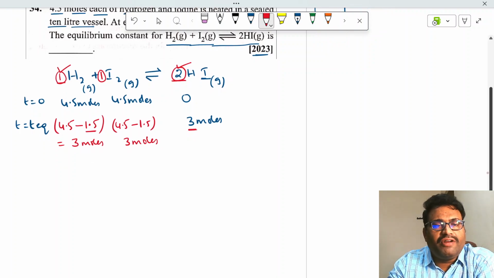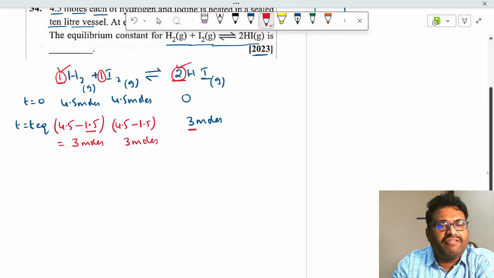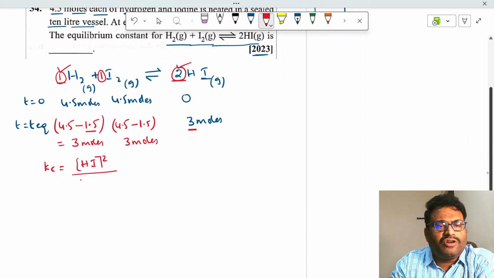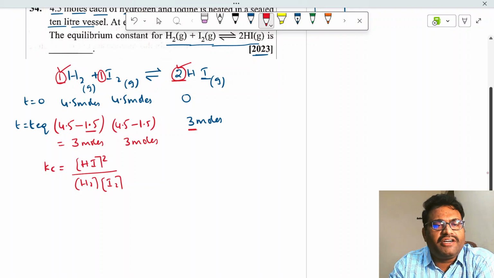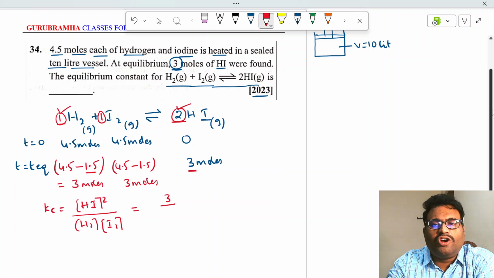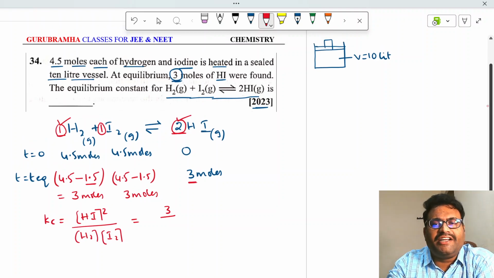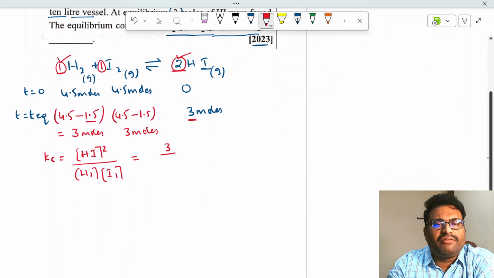Now let us write Kc for the given equation. Kc is equal to concentration of HI power 2 by concentration of H2 and concentration of I2. Product concentration by reactant concentration. HI is 3 moles. It is present in how much volume of container? 10 liters. Because here we are speaking about the concentration.